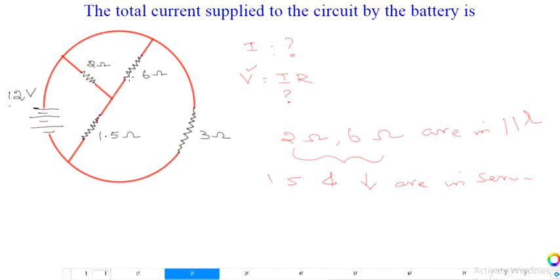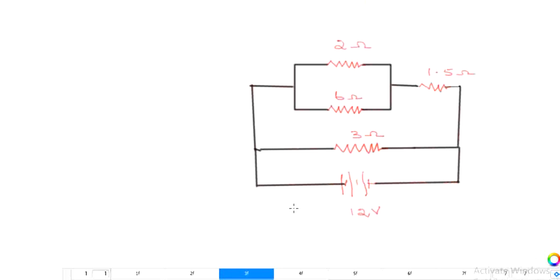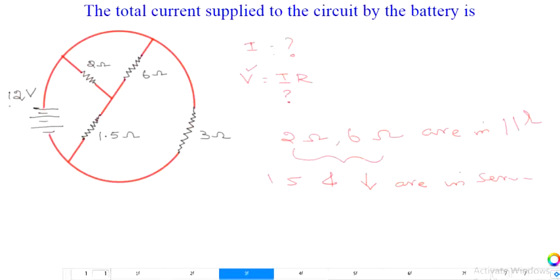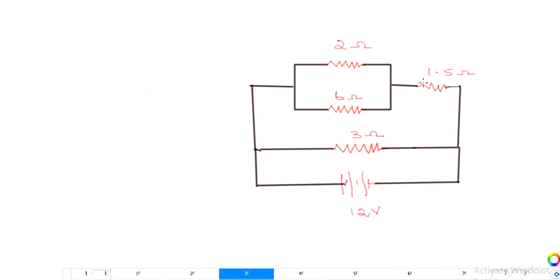After that this 1.5 is in series with this, as I told you. And this combination is parallel with this 3 ohm. Now, what we have to do? We have to find out this one.